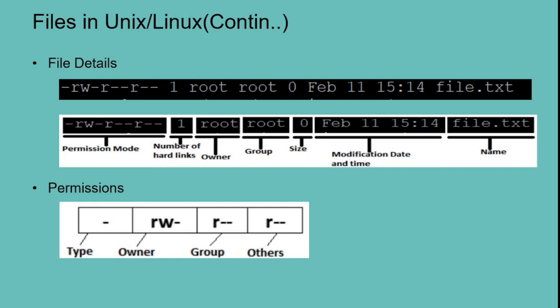The next 3 bits state the permission for the owner. The next 3 bits tell us the permission for the group. The last 3 bits say the permissions for other users.